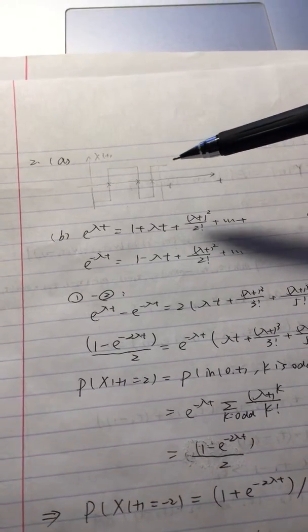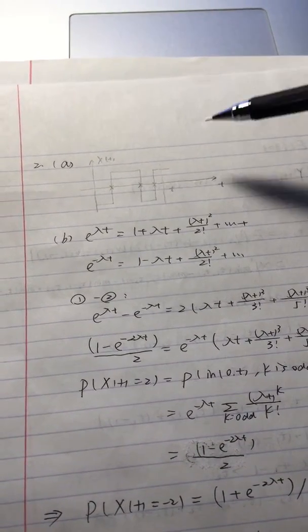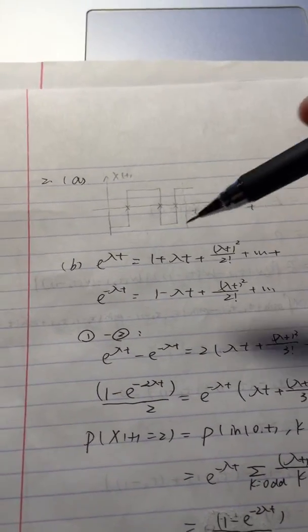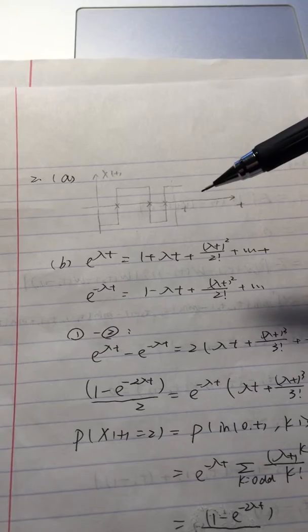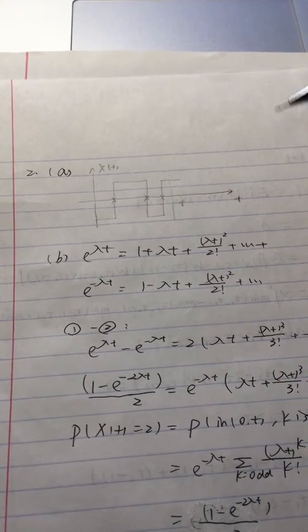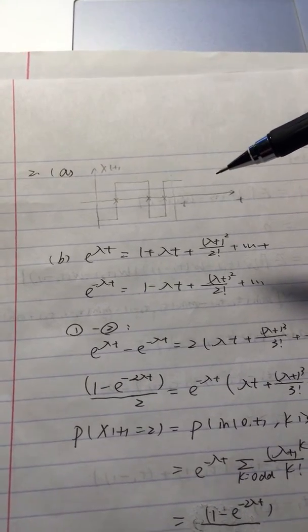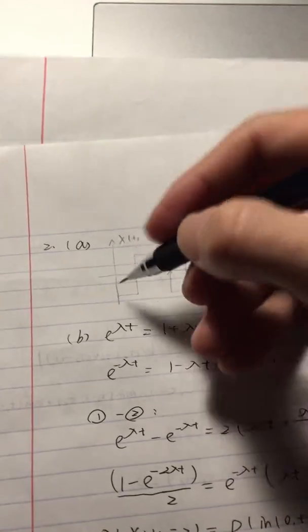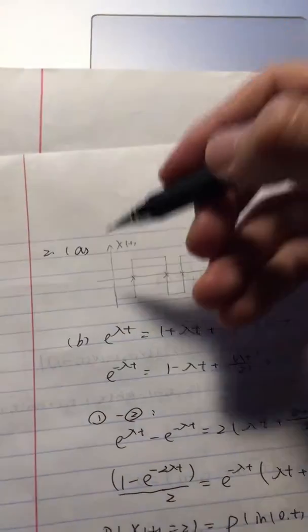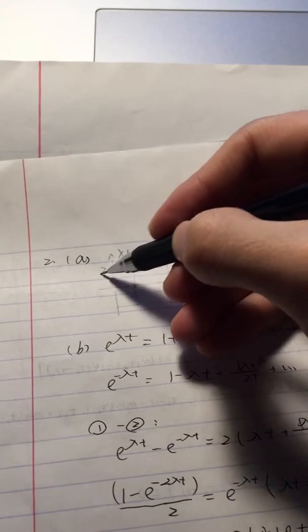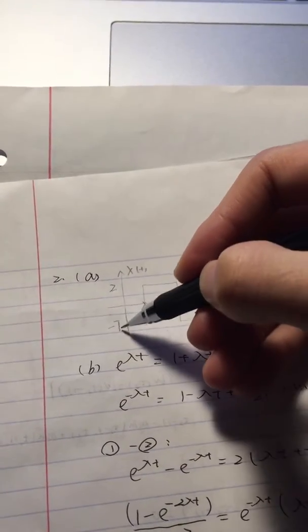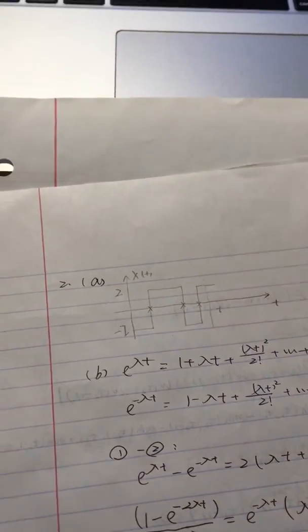So from the problem we know that when n is odd in the interval 0 to t, the value of xt should be 2, and when it is even, it should be -2.